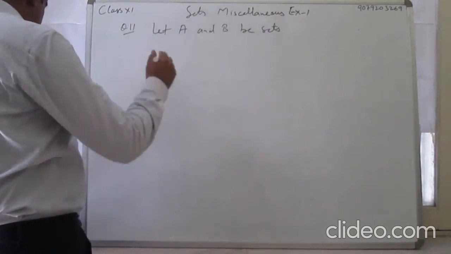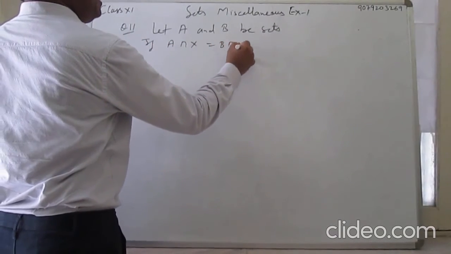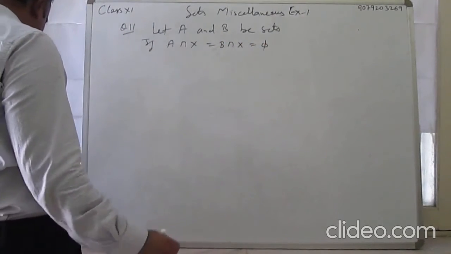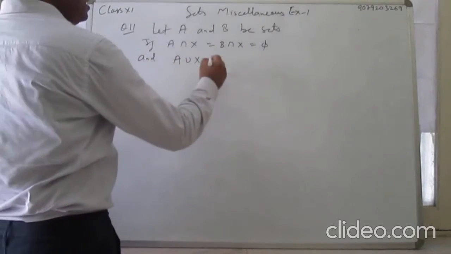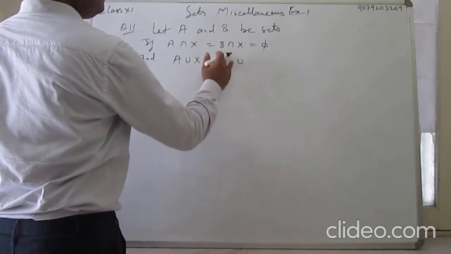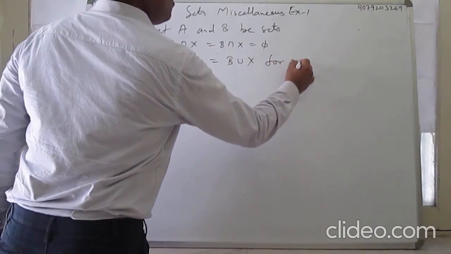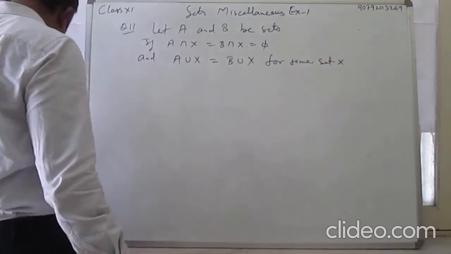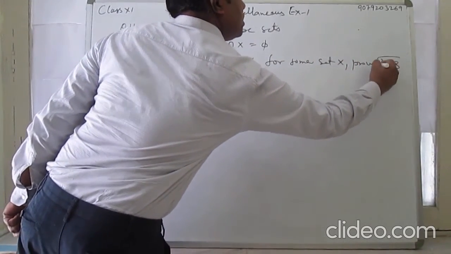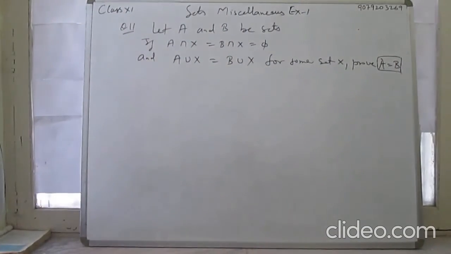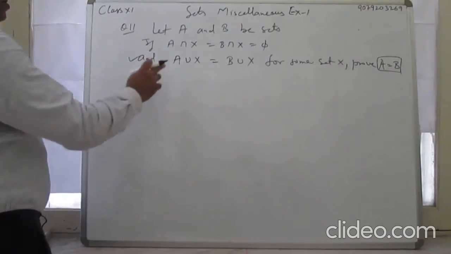If A intersection X is equal to B intersection X is equal to the null set, and A union X is equal to B union X, prove that A is equal to B. So I will take this relation to prove it.